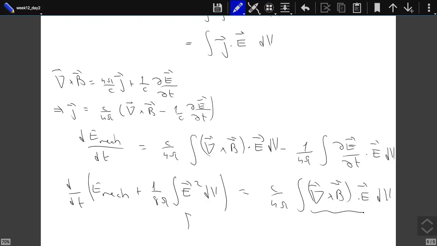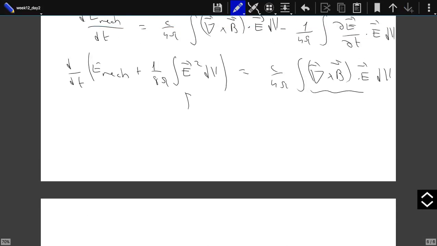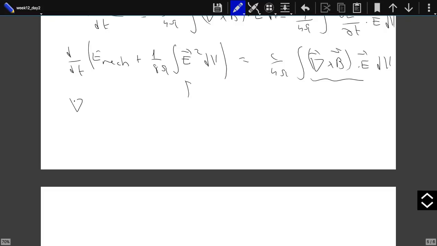I need to write it either as the total time derivative or as something integrated over a surface. Now let me try to simplify it a bit. This is equal to E_i epsilon ijk del over del xj B_k.